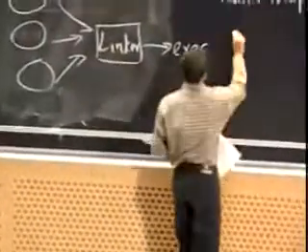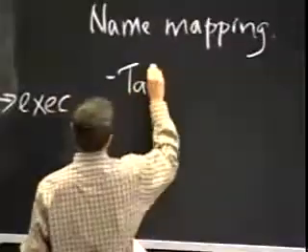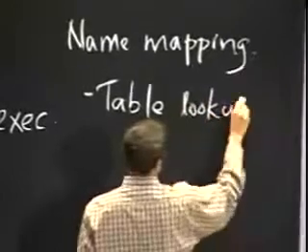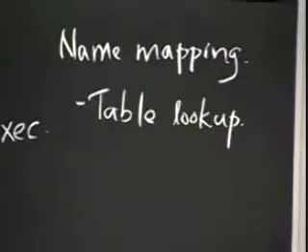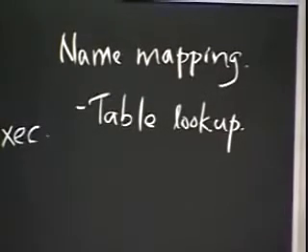And the concepts that we saw were two different concepts. The first was name mapping using a table lookup, where within each object file there was a symbol table that mapped between the symbols found in that module and the location where the symbols were defined.